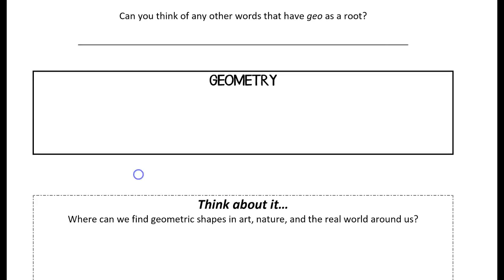All right, so hopefully you came up with a few words that have geo as a root. Let's go ahead and talk about the actual definition of geometry.